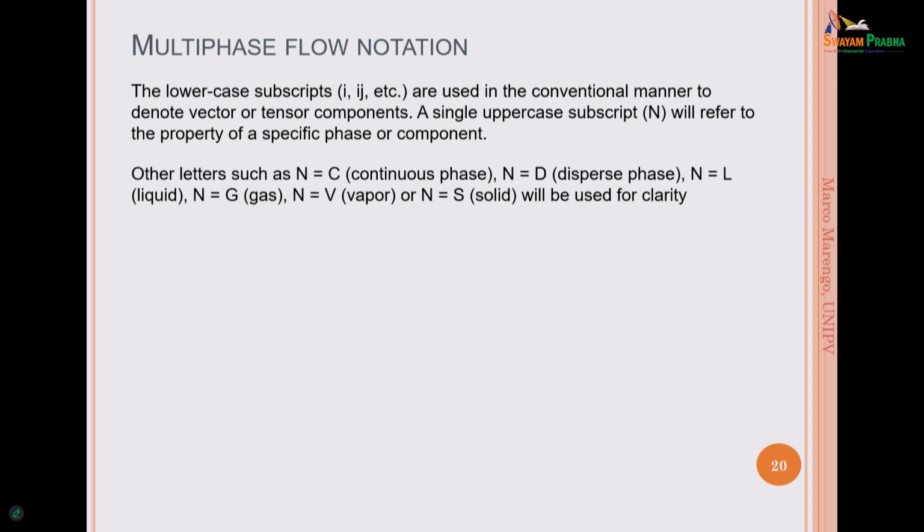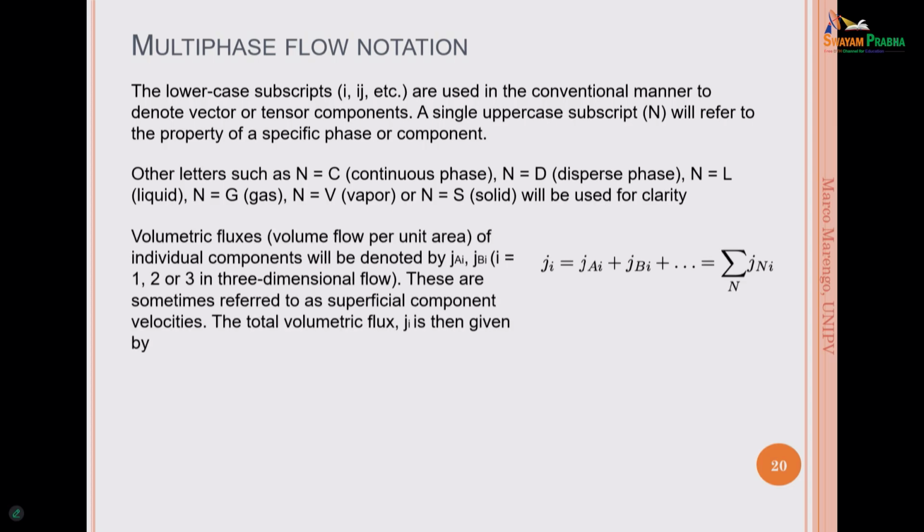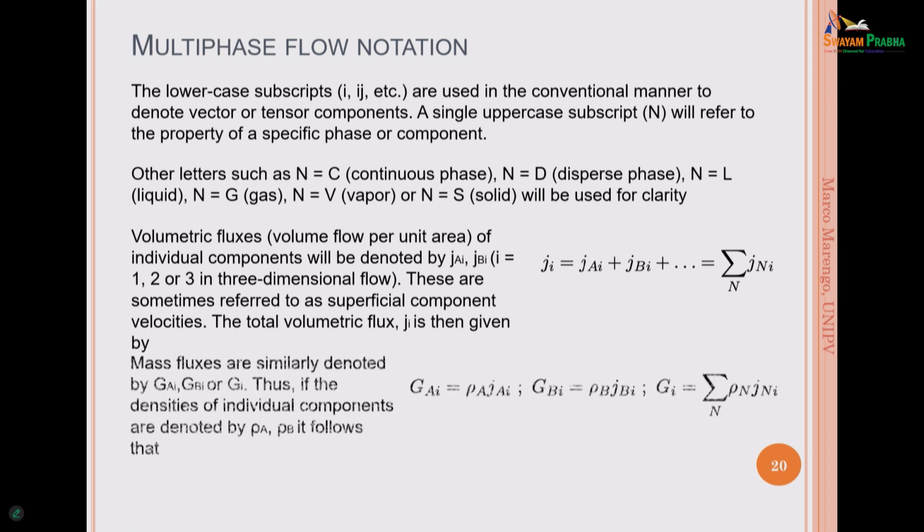Only for the notation, we are going to have the continuous phase C and the dispersed phase D. Of course, liquid, gas, vapor, and solid are very simple, and so on. Then we are going to use J for the volumetric fluxes. In the I direction, the flux is going to be the sum of the different contributions of the fluxes.